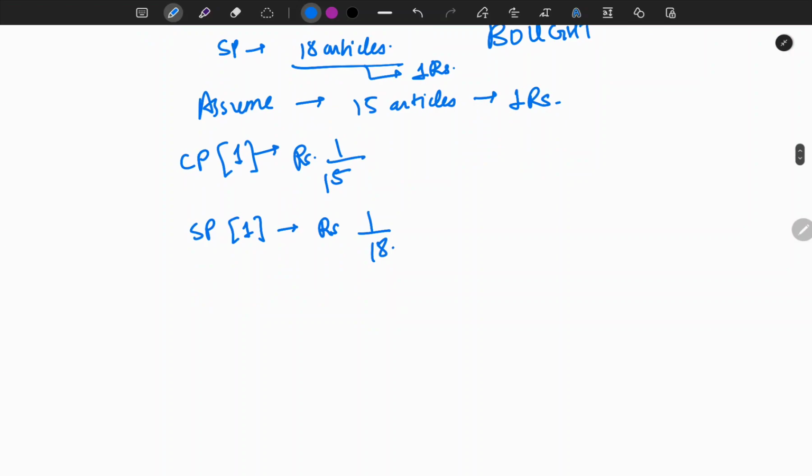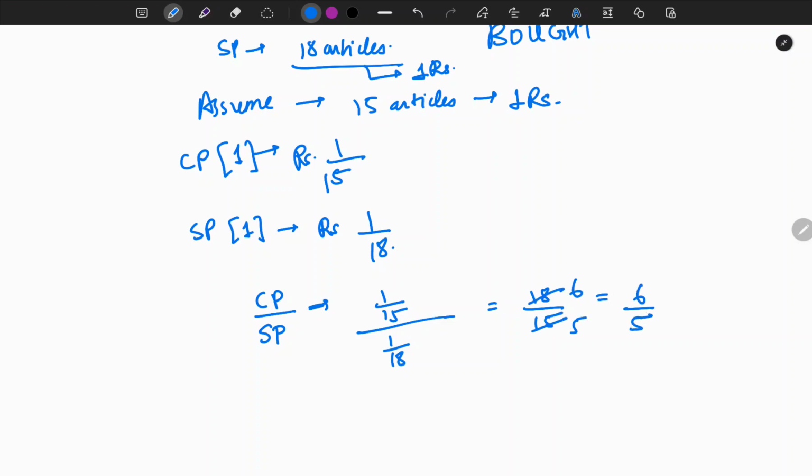So now you can simplify this as the ratio of cost price upon selling price, which is 1 upon 15 upon 1 upon 18, which would be 18 upon 15. 3 5s are 15, 3 6s are 18, so 6 upon 5.